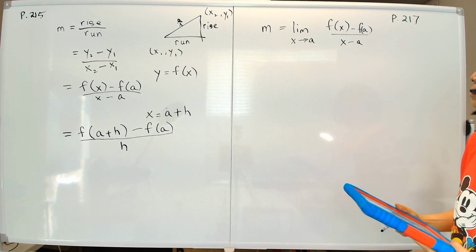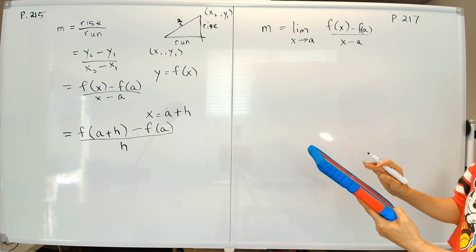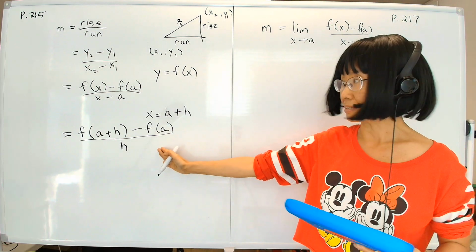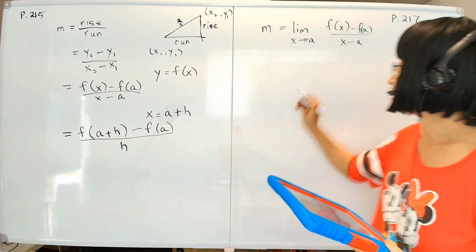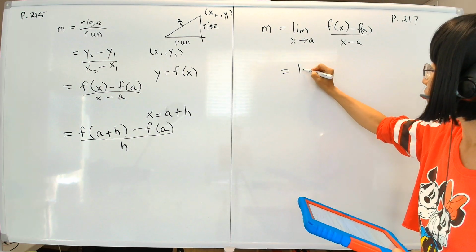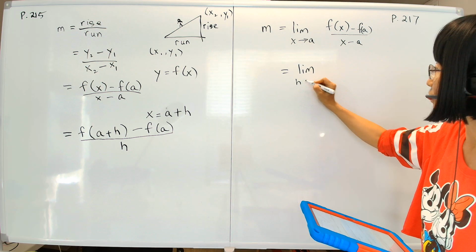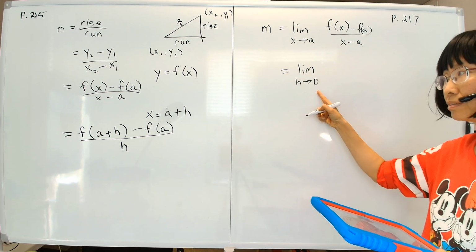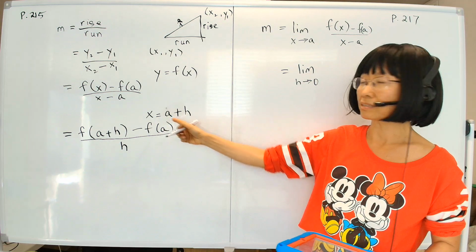All right, so that's the slope, and this slope will also be written like this: the limit as h approaches 0. If x approaches a, h will approach 0, given the relation x is a plus h.